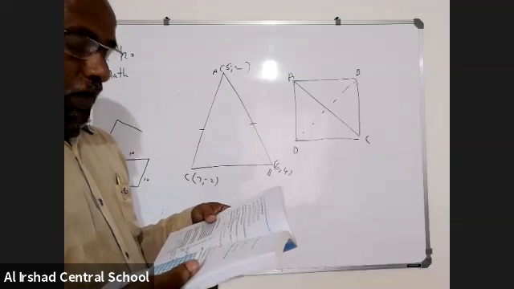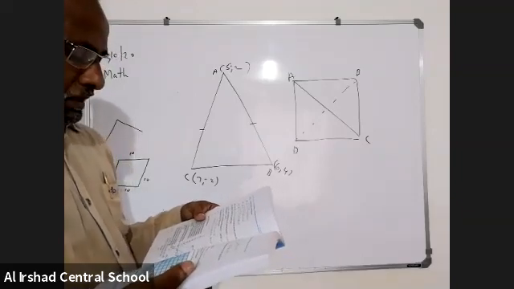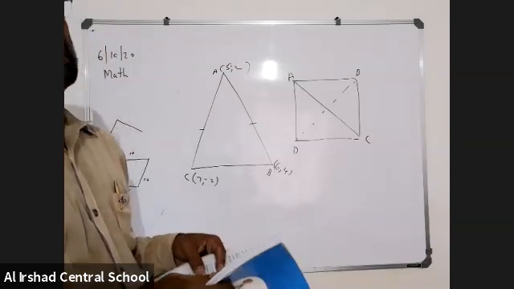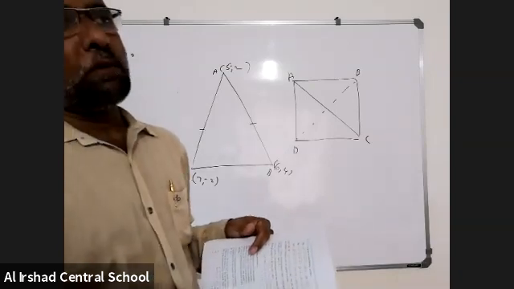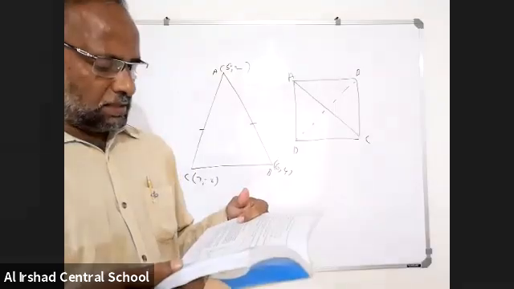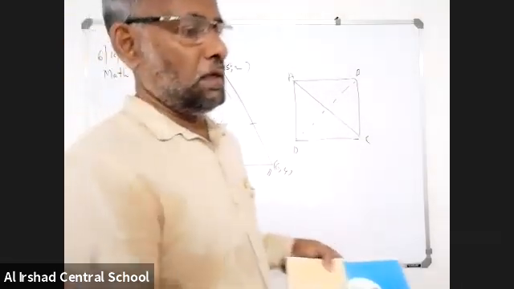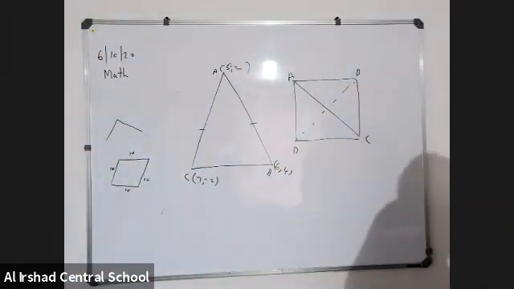Find the point on the y-axis which is equidistant from points A (6, 5) and B (-4, 3). Exactly the same question, but instead of x, here it is the y-axis. That is the difference. Go through that and understand the method.